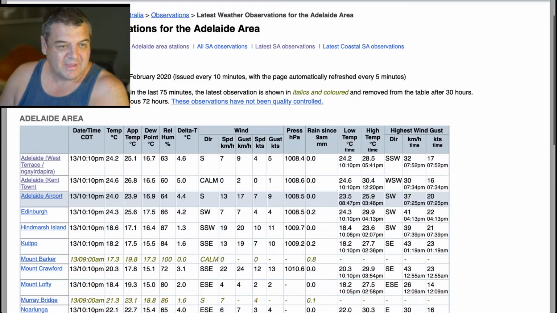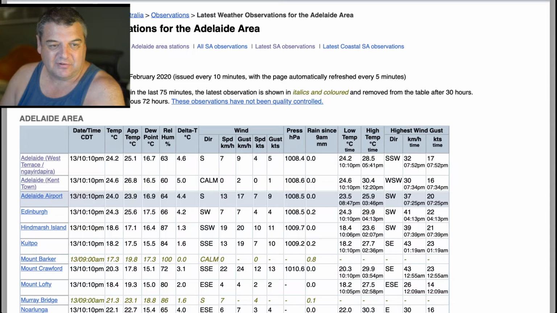So what we've got here at Adelaide Airport is 64% relative humidity. If the temperature was going down, you'd have the same amount of water vapor in the air, but relative humidity would go up.